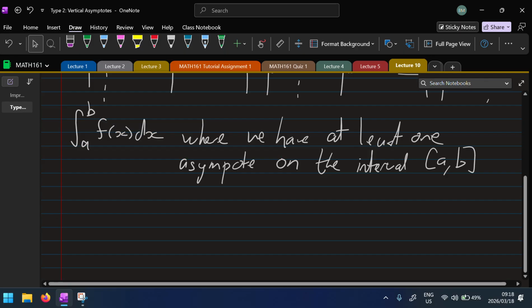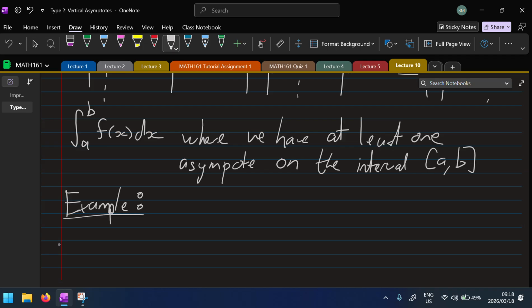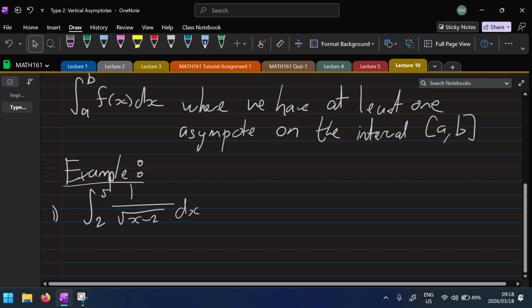For example, number 1. We have the integral from 2 to 5, 1 over root x minus 2. Something like that. Now, I could just give you this.